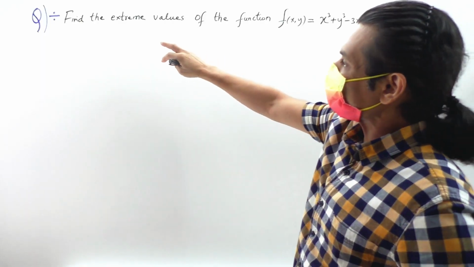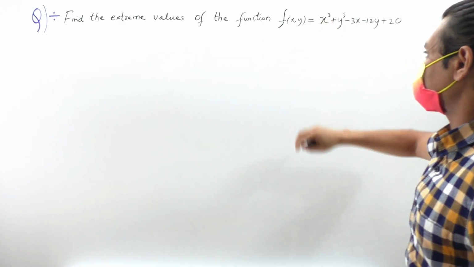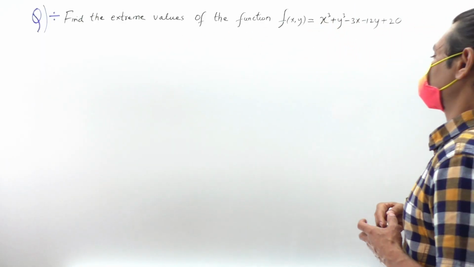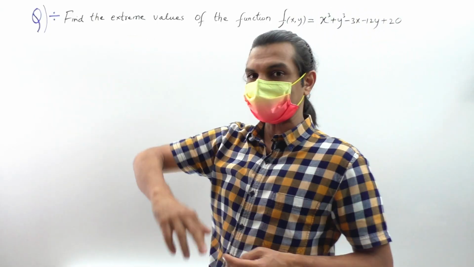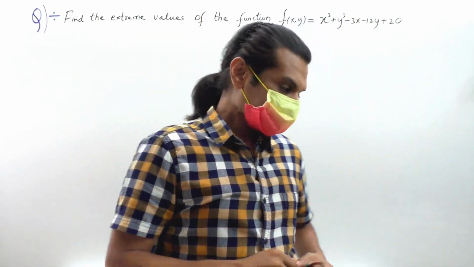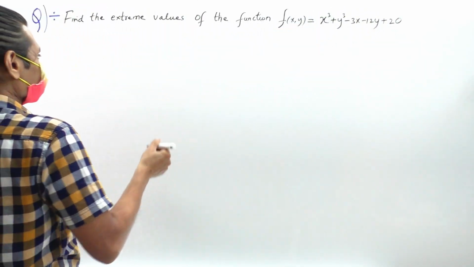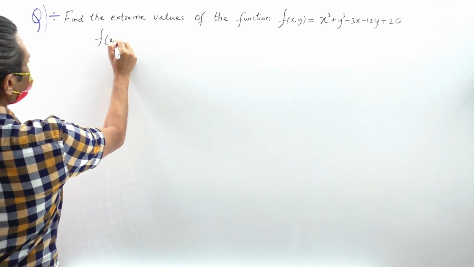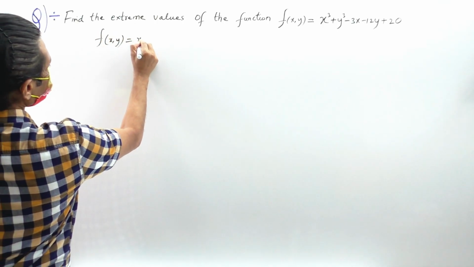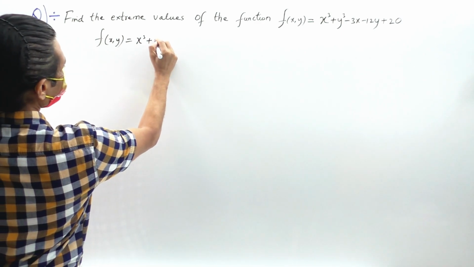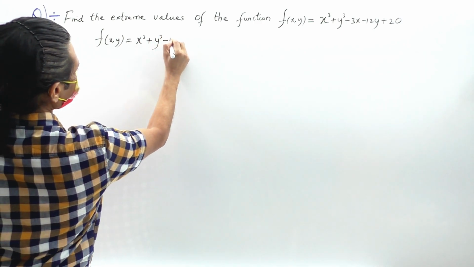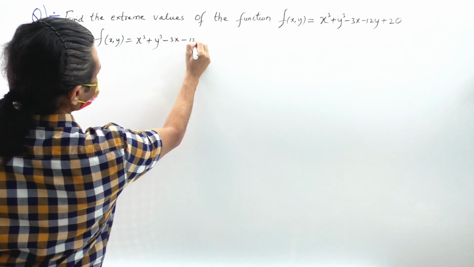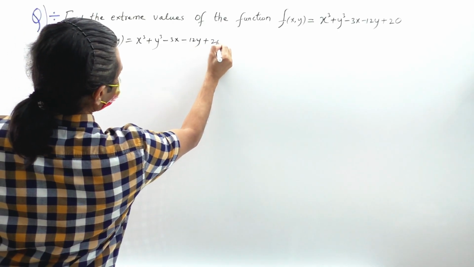It states: find the extreme values of the function f of x, y is equal to x cube plus y cube minus 3x minus 12y plus 20. Extreme means the maximum and the minimum values. Now let's set up the question here. We have f of x, y is equal to x cube plus y cube minus 3x minus 12y plus 20.